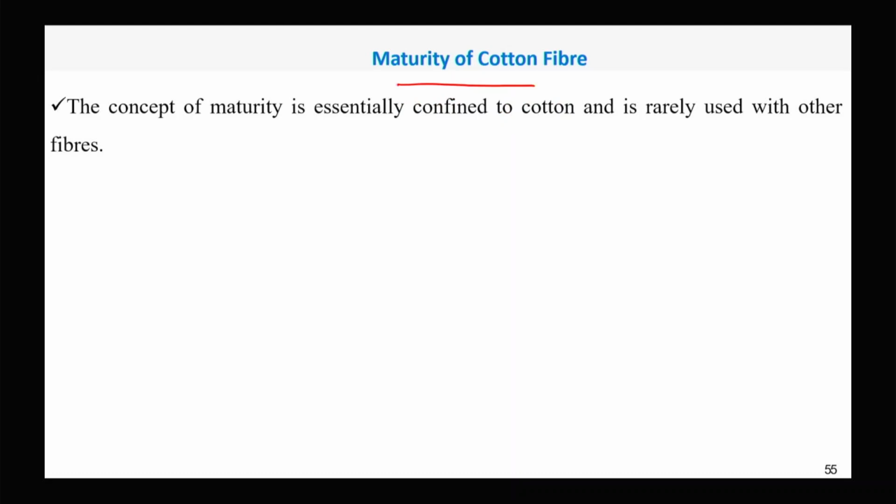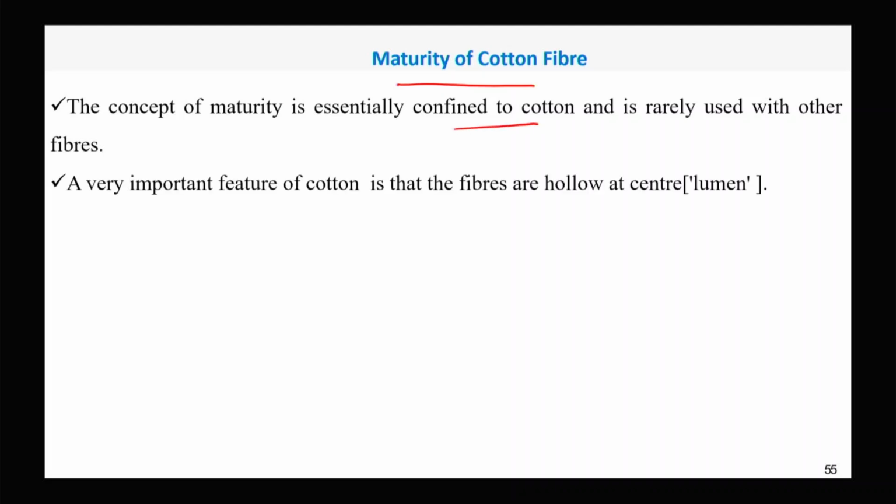So we will only concentrate on maturity of cotton fibers, because maturity is related with the growth of fiber. This concept is essentially confined to cotton only, and we rarely use it for other fibers.